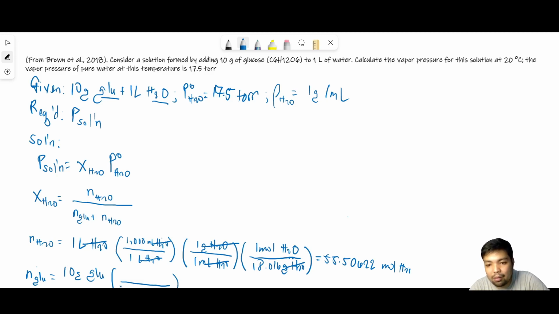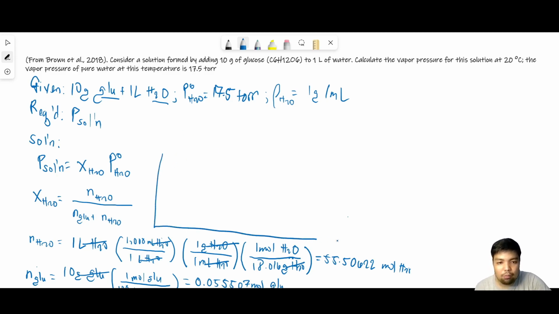In this case, the molar mass of glucose is 180.186, correct me if I'm wrong, grams per mole. So this will cancel out, and your final answer is 0.055507 mole of glucose.